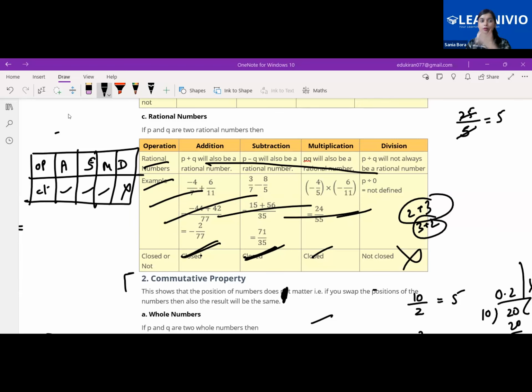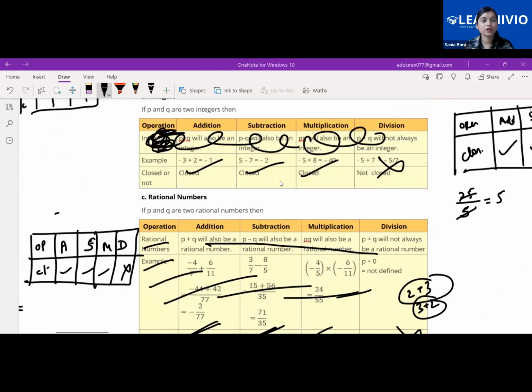No. Vega, when you multiply two rational numbers, are you getting a rational number? Yes, ma'am. Abdullah, when you subtract two rational numbers, is closure property applicable? Yes. Okay, very good.